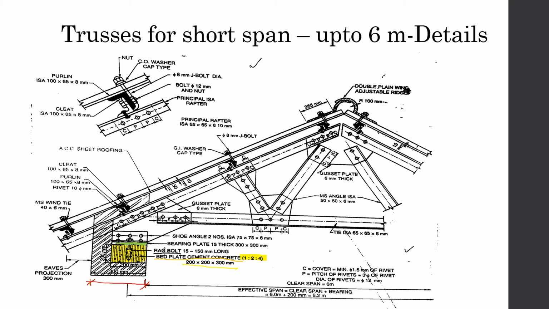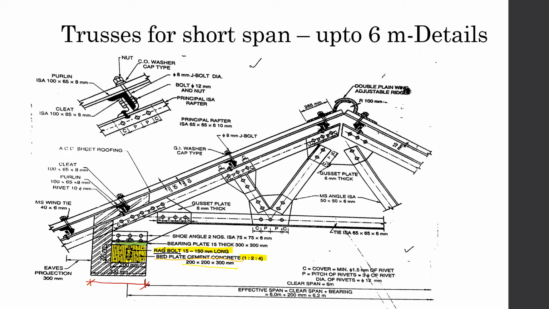So please note that down and make sure that when you sketch you remember that to fix the bed plate, which has been colored with green, to the concrete bed which has been highlighted with yellow, to fix these two together they use a rag bolt which is 150 mm long. So the size of the bed plate is 200 by 200 on this side, this face that you can see, and up to 150 mm the rag bolt is going inside.